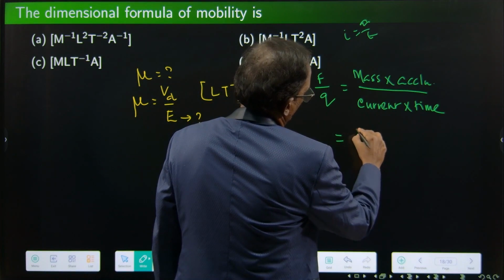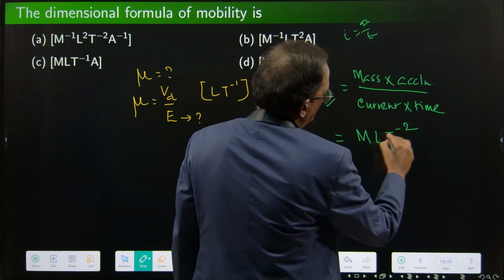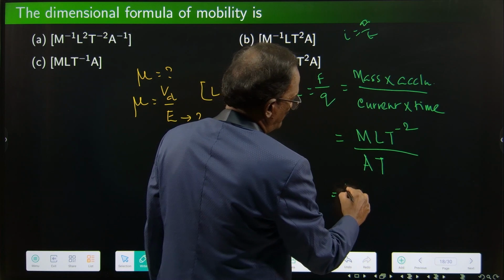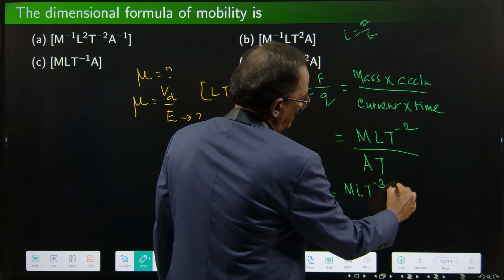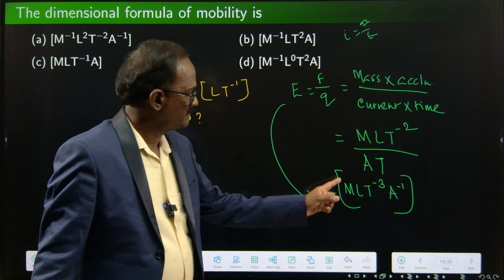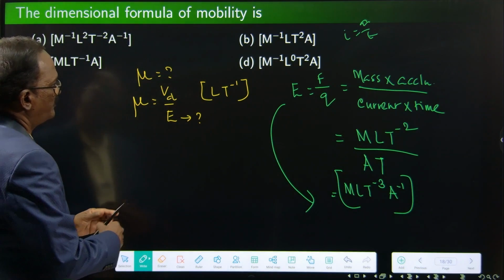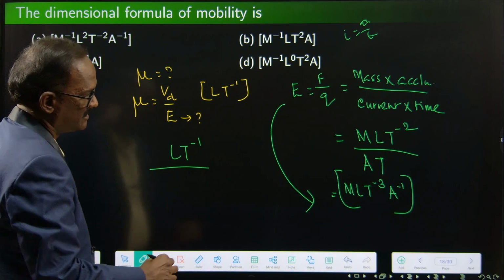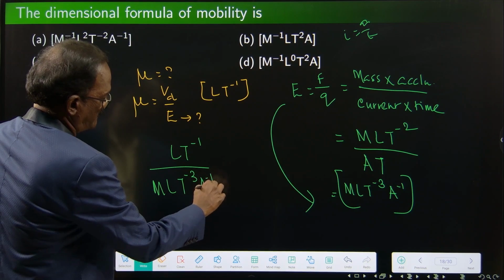Mass M, acceleration meter per second squared, current ampere, and T. So this will be M L T minus 3 A inverse. This is for E. Here we will put L T minus 1 over M L T minus 3 A inverse.